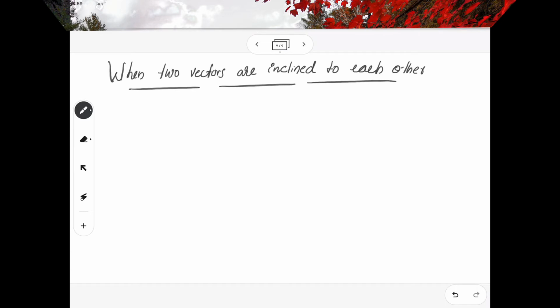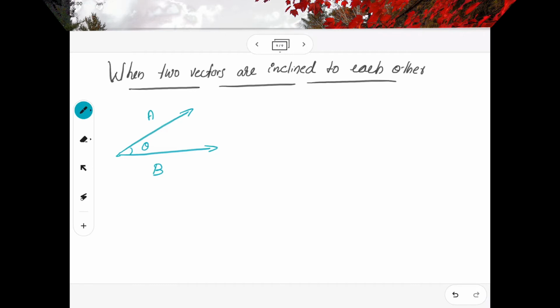Now, other than 0 and 180, we have some angular deviation between two vectors, like vector A and B. Just see, this is vector A, and I have vector B, which makes an angle theta like this. So what will happen? Here the angle is not 0 or 180 degrees. If it is 0, we can write it as A plus B, and if it is 180 degrees, then we can write it as A minus B. So here it is not 0 or 180.